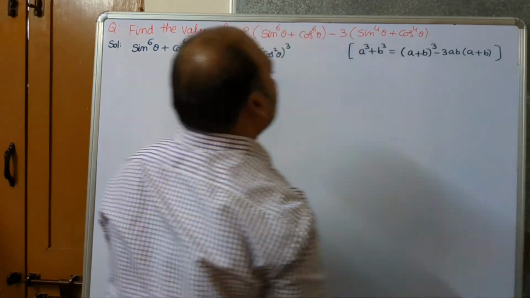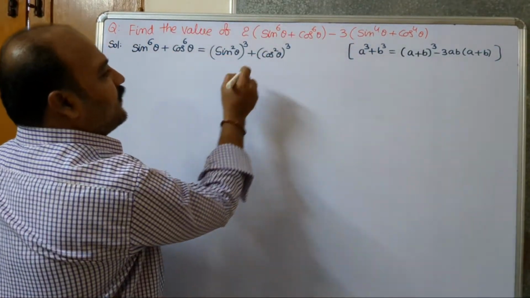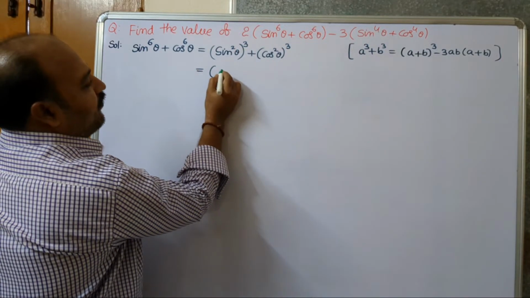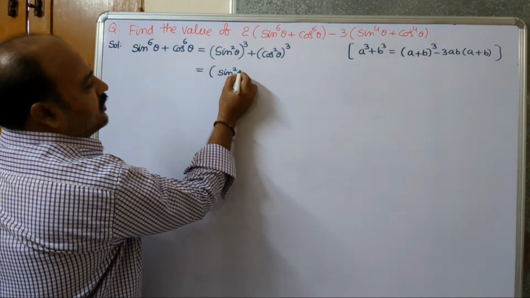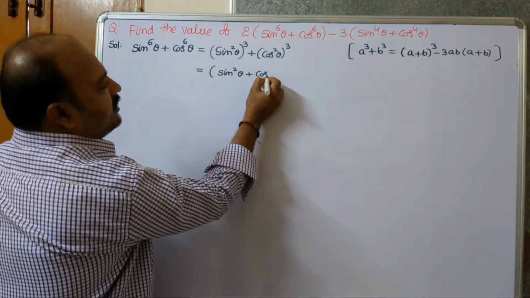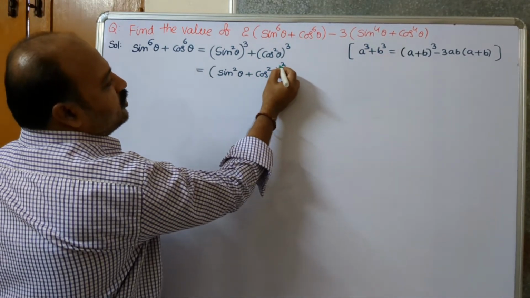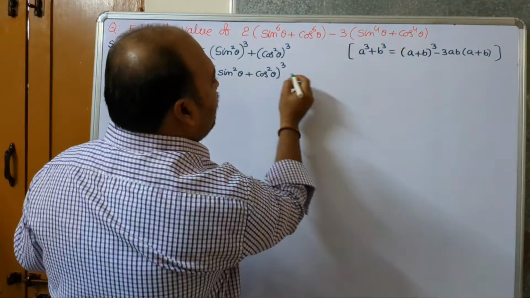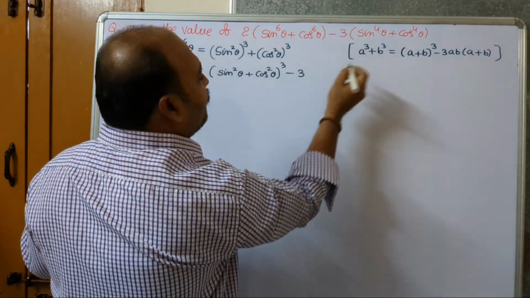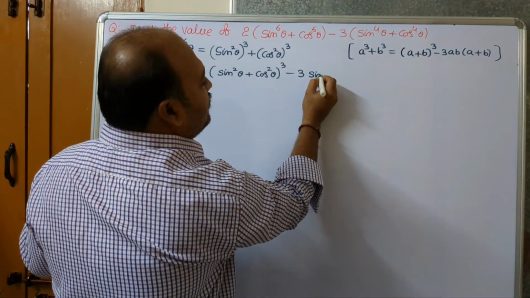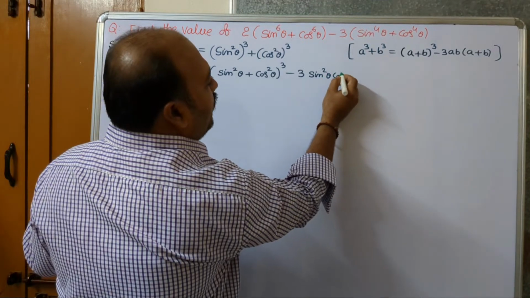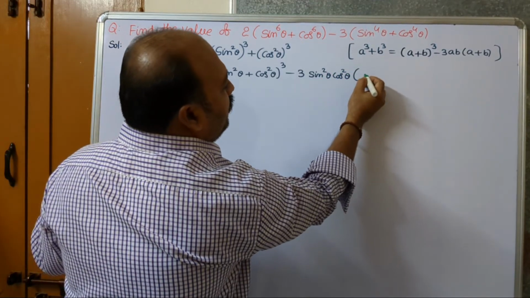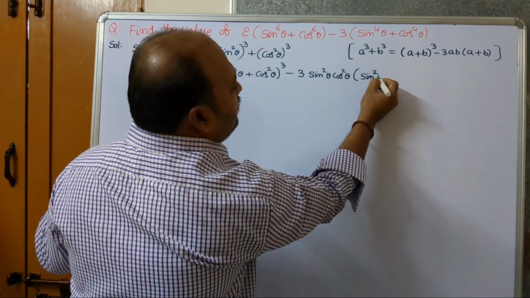Okay, so this is the a value, this is the b value. I am writing it that way: sin square theta plus cos square theta whole cube. So a plus b whole cube is over. Minus 3 into a value sin square theta into cos square theta into sin square theta plus cos square theta.